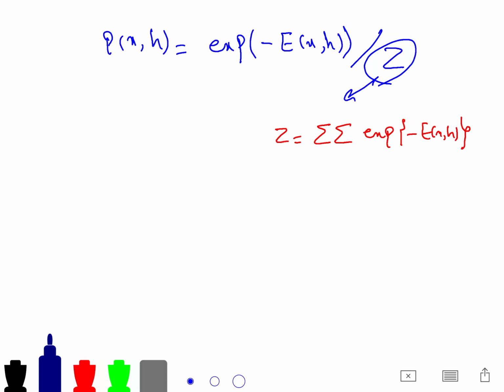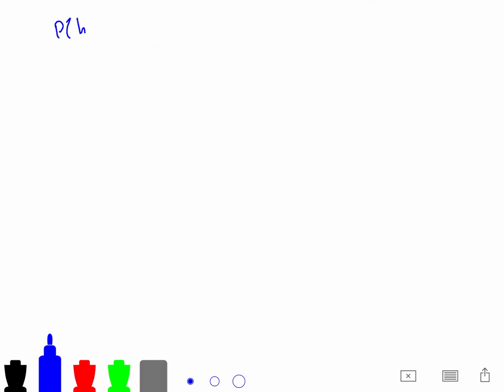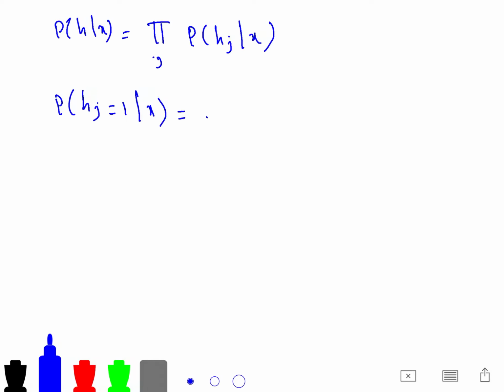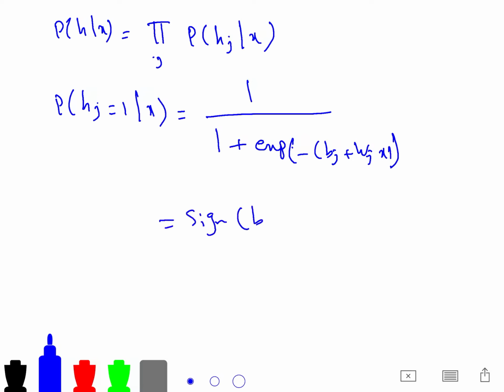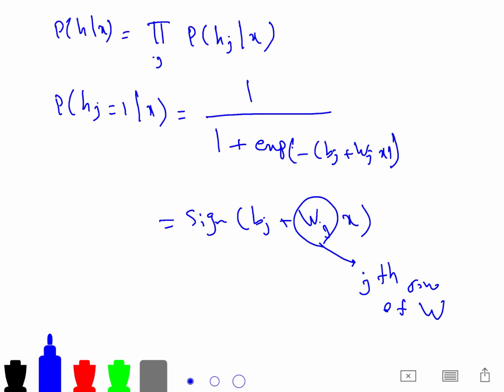And you can easily prove that P of h given x is the product of P of h_j given x, which are Bernoulli. For example, P of h_j equal to 1 given x is the sigmoid of b_j plus W_j x, where W_j is the jth row of W.